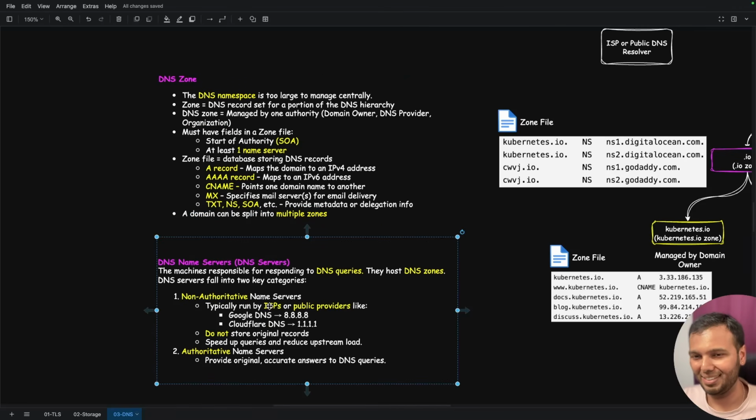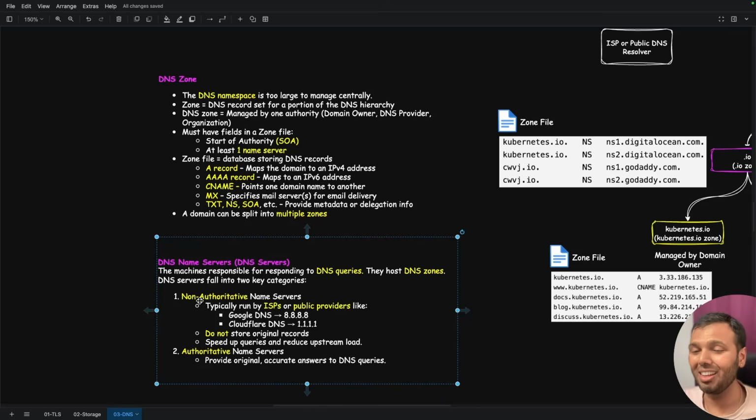Now let's discuss DNS name servers, DNS servers, or just plain name servers. These are the machines responsible for responding to DNS queries. Again, you asked where is docs.kubernetes.io? Who will respond to that query? It is the name servers who will respond to that query.